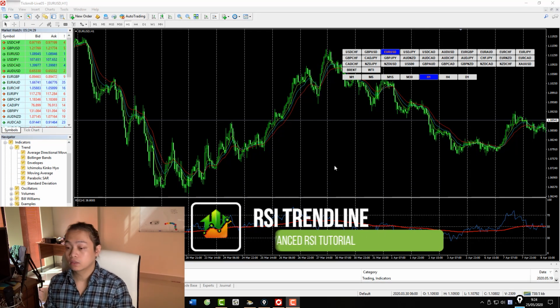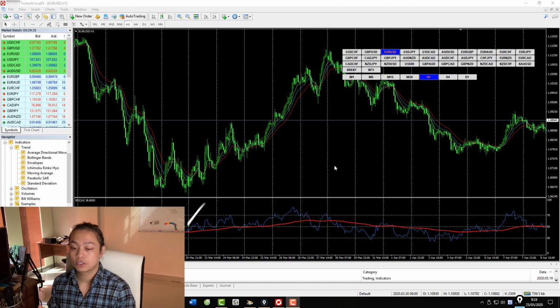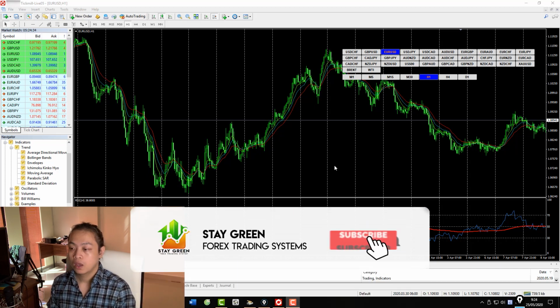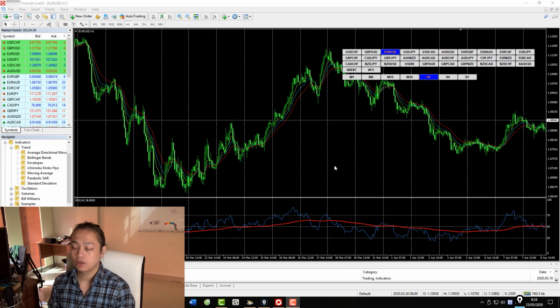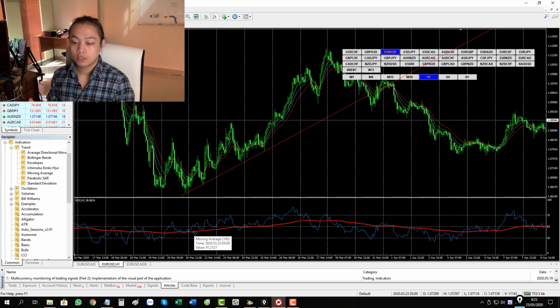Now, besides the three main powerful features of the RSI that I just introduced, there are some small aspects that you can take benefit of as well. For example, you can draw a trend line on RSI. In the case we have an uptrend, draw a trend line here. Because the data from the RSI is calculated by an algorithm from the market data, the way RSI looks at the price chart gives you another aspect about the market.